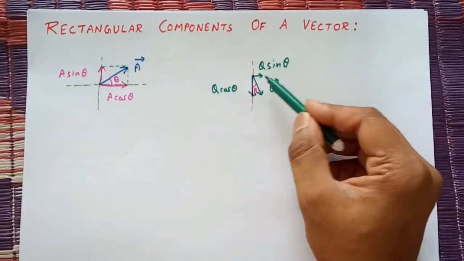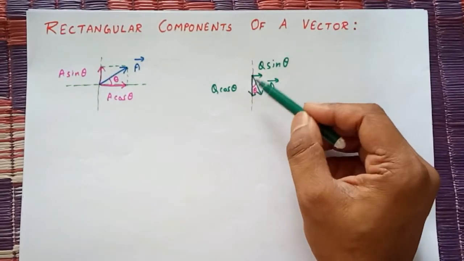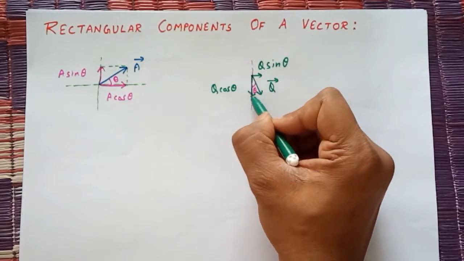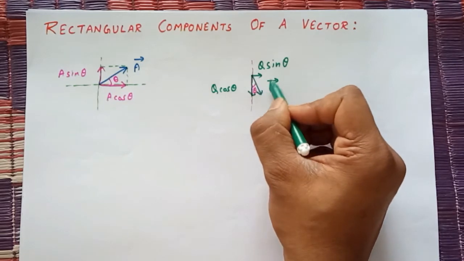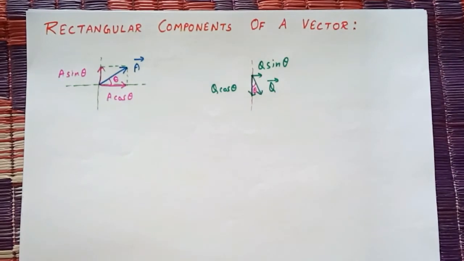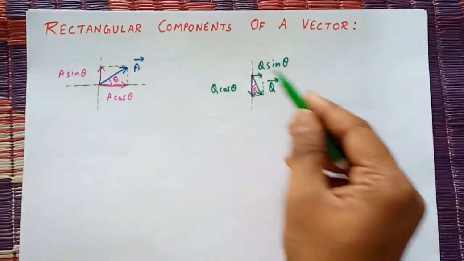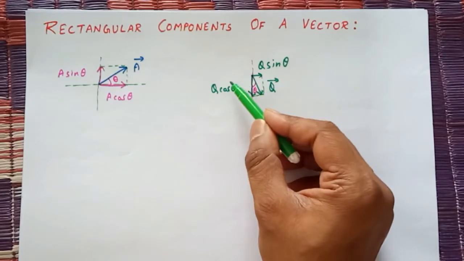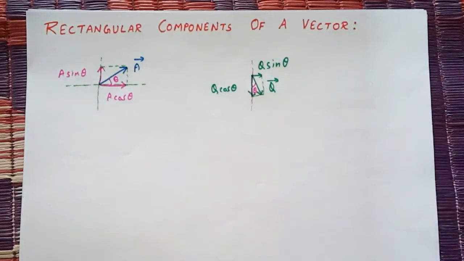Again, we draw two rectangular components, cos theta and sin theta, and their lengths are such that they represent the sides of an imaginary rectangle of which the diagonal is the given vector. Where theta is given, that one is the cos theta component, and where theta is not given, that one is the sin theta component.